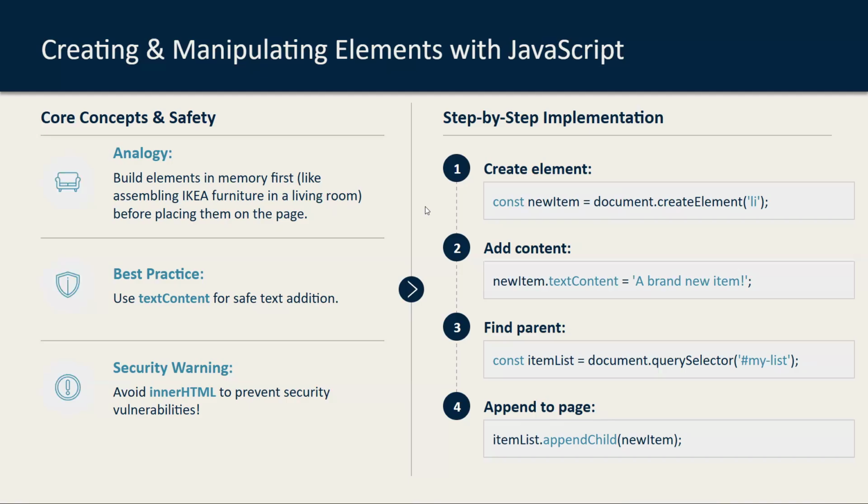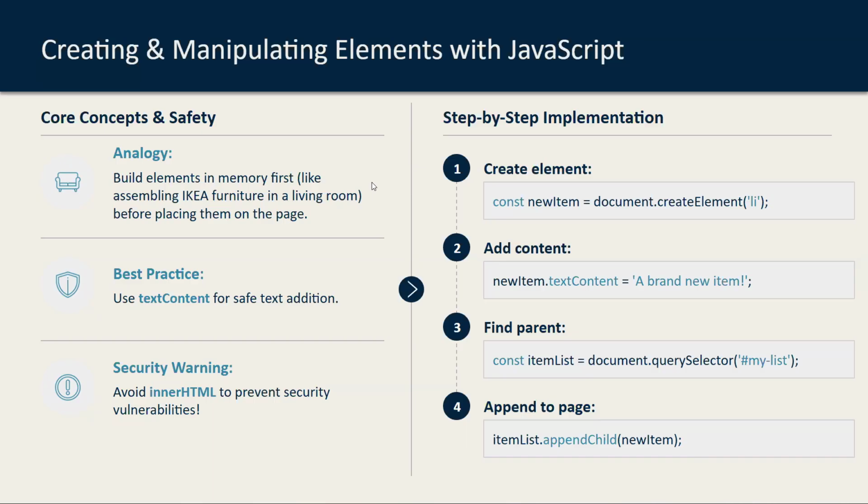After that, we want to find the parent element to place it inside. With something like document.querySelector, once we find the appropriate parent element, we use the appendChild method to insert the new element into the DOM so that it becomes visible on the page.